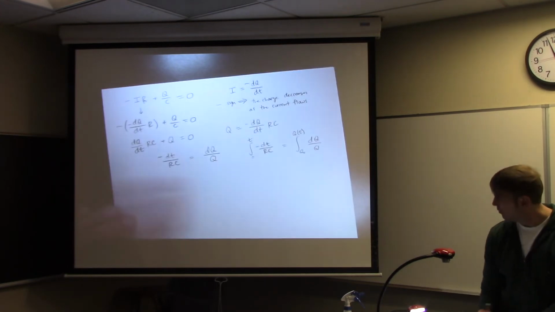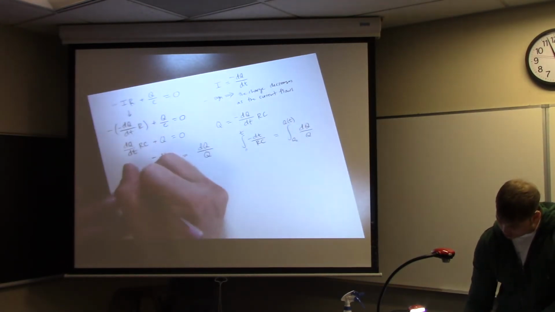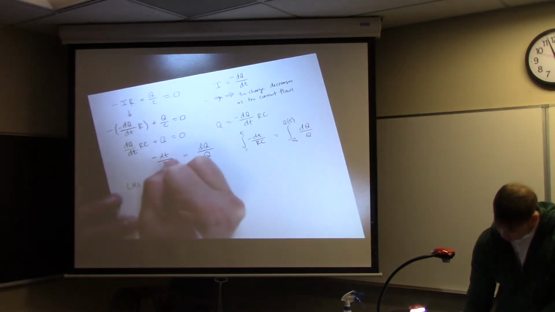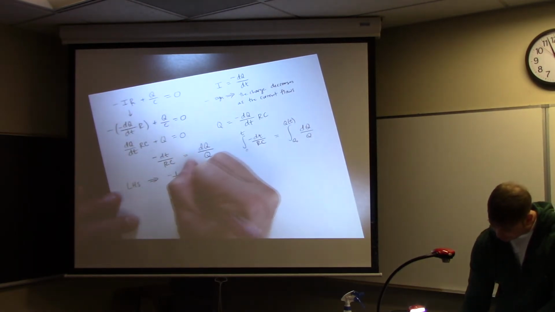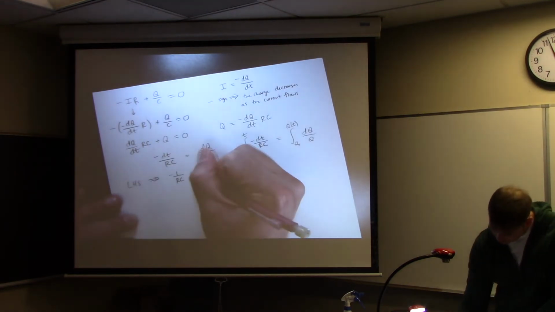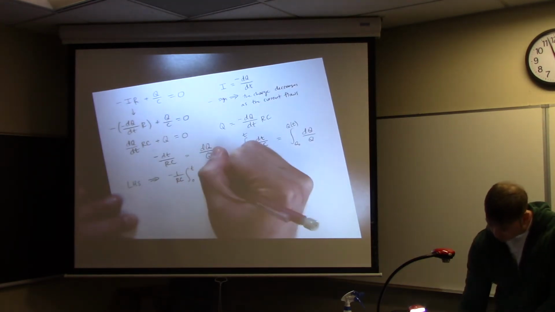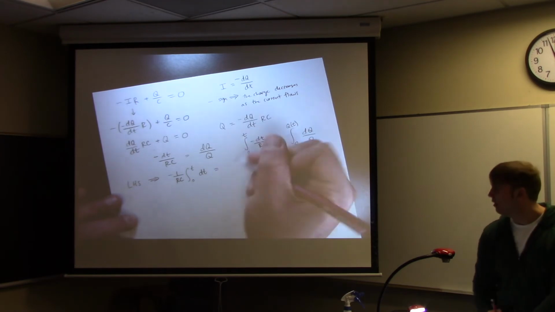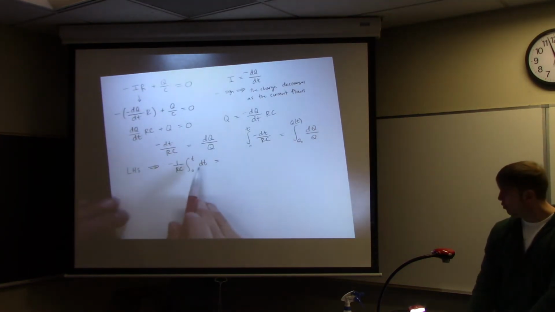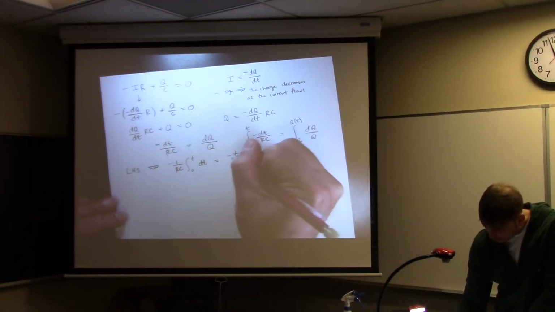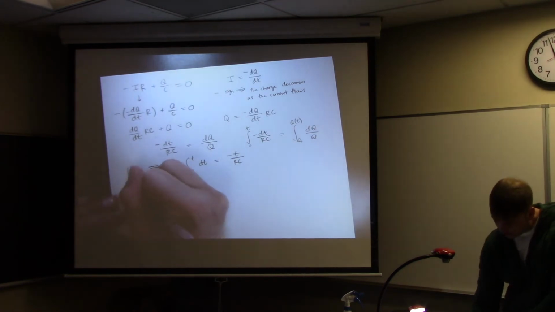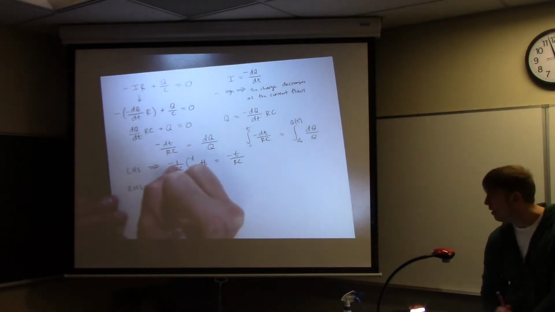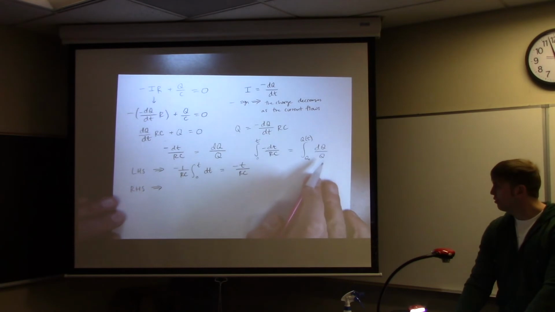All right, so let's evaluate the integrals. On the left-hand side, if we pull out some constant factors, minus RC, integral from 0 to t, dt. Well, this just integrates to t, so we're going to have minus t over RC. That's the left-hand side. The right-hand side, it's actually not that bad, because we don't need to do any sort of u substitution.